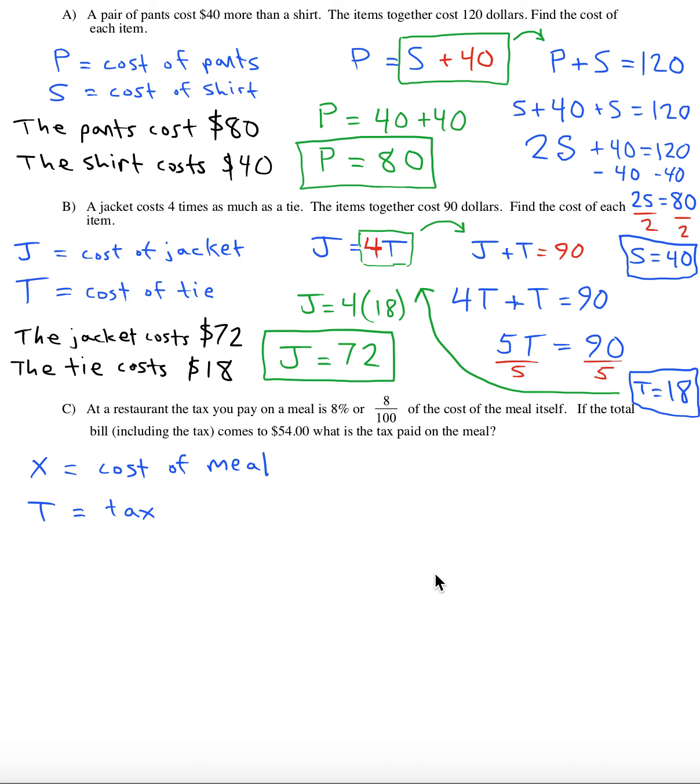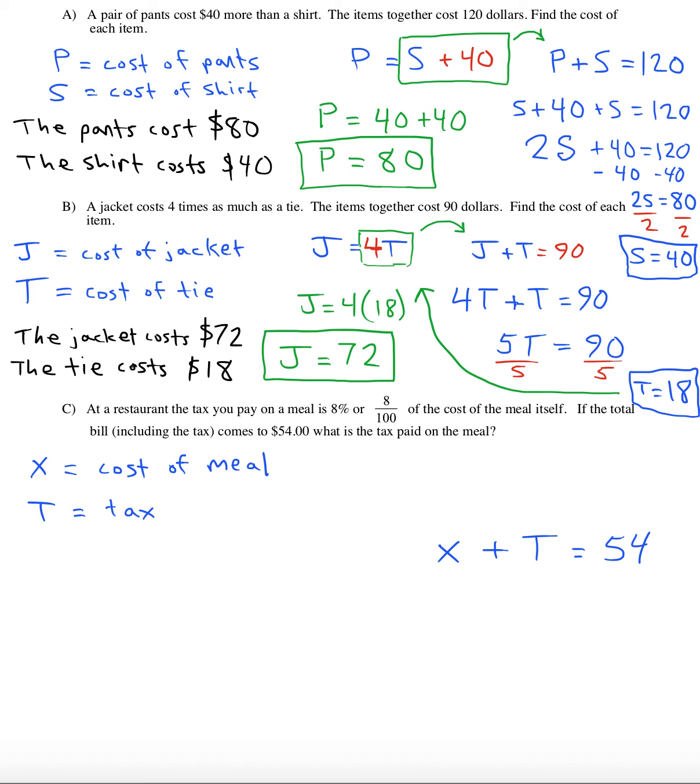So I think the easier of the two equations to write here is actually the total. The meal plus the tax comes to $54 total. The more difficult equation to write is the one that actually calculates what the tax will be.